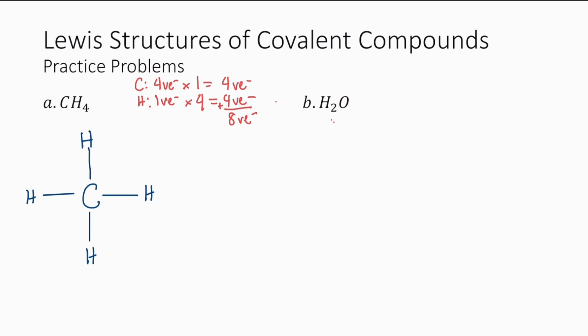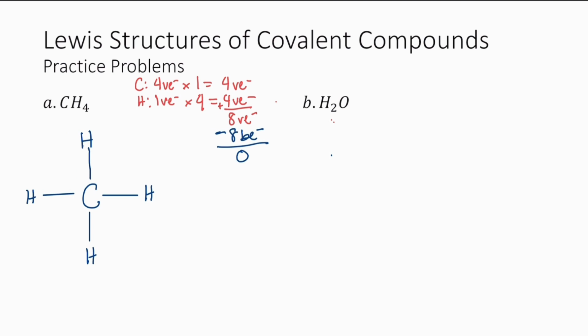So I drew a total of 4 lines, which means I have dealt with 8 electrons because remember, there are 2 electrons in each bond. So I'm going to subtract 8 bonding electrons. Notice I've used all my electrons.